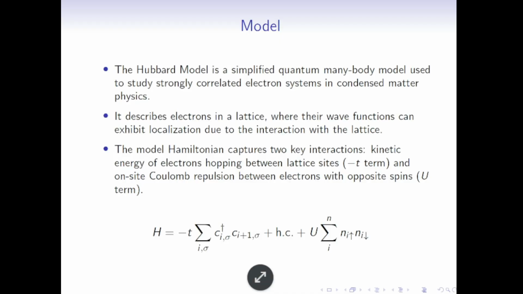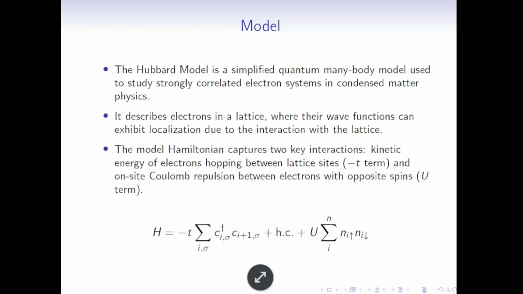Since there is a periodic potential, and the width of this potential is small enough, the overlapping wave function means the electron can tunnel through the periodic potential and jump from one atom to another atom.